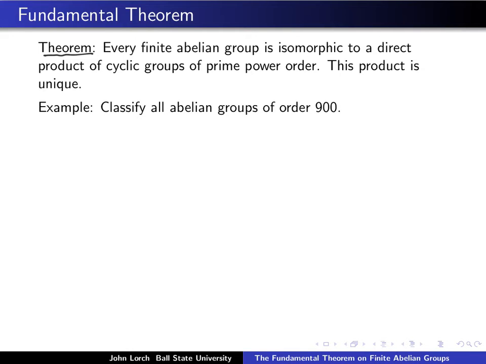And so what we're going to do essentially is exactly what we've done on the previous slides, right? So we know that whatever our group is of order 900, we can write it as a product of prime powers. So it turns out to be 2 squared times 3 squared times 5 squared.